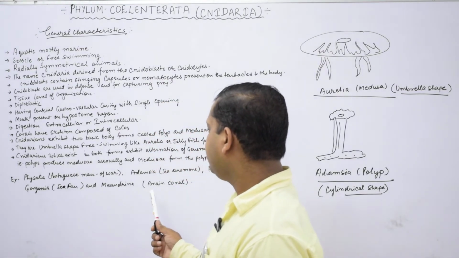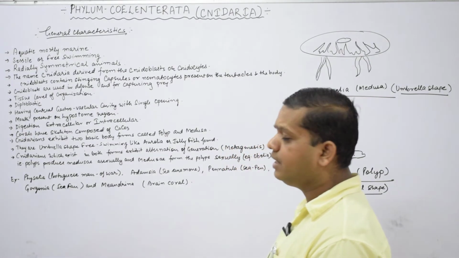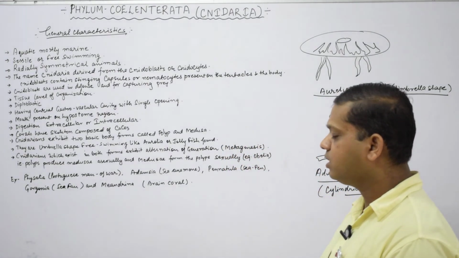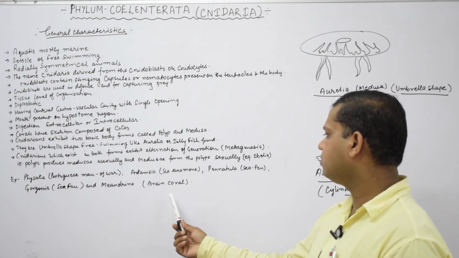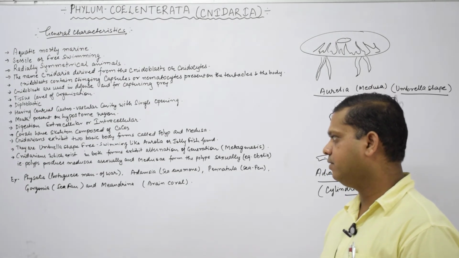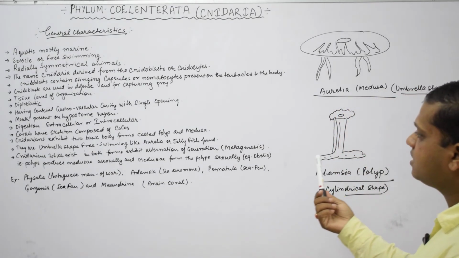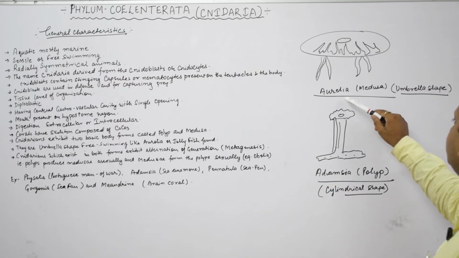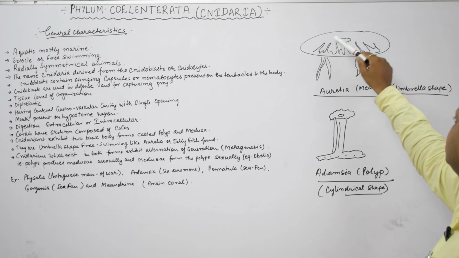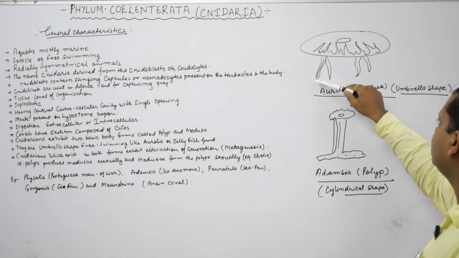Another is brain coral, called so because its structure seems like a human brain. Now, in the figures here we have drawn the two stages, alternation of generation or metagenesis, as found in Aurelia. This is the medusa, showing the body, the mouth or buccal cavity, and the tentacles.